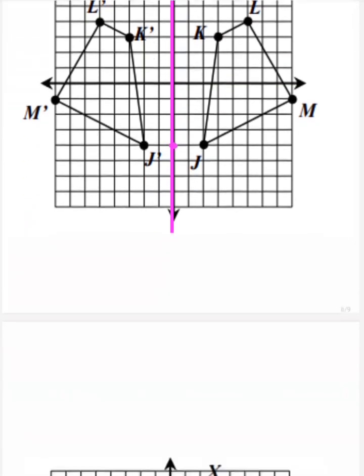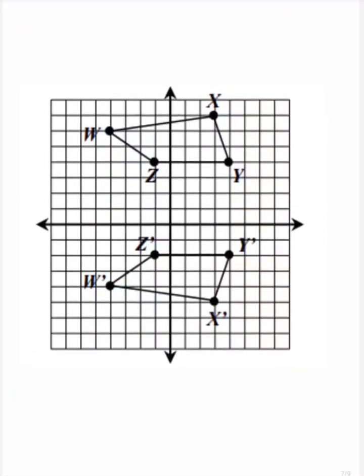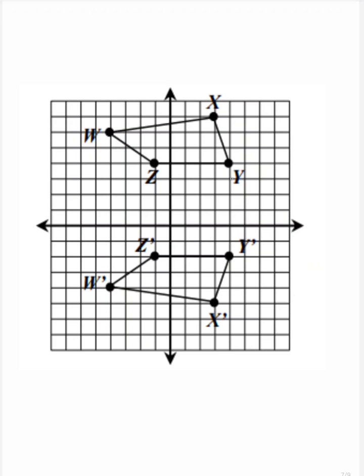So let's check another. Look for the midpoint. Let's take the letters closer to one another, and we've got y and y. So the midpoint looks like it's right here. Okay. So this is not a diagonal.